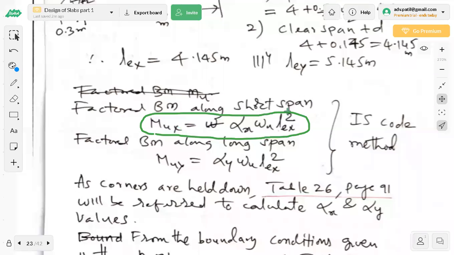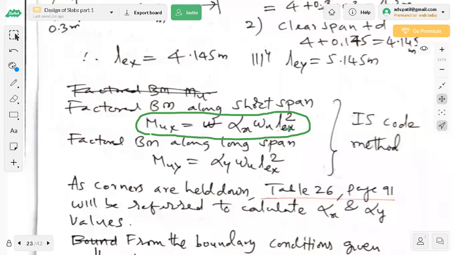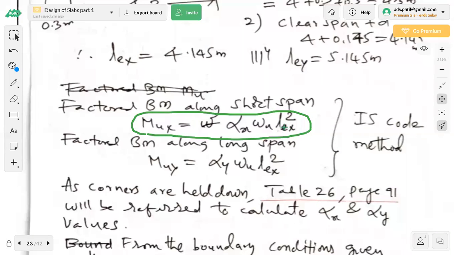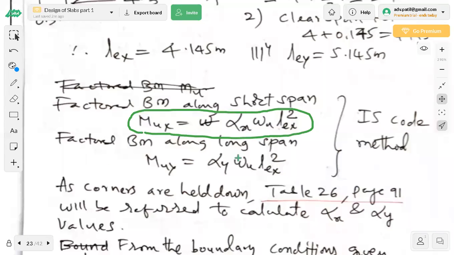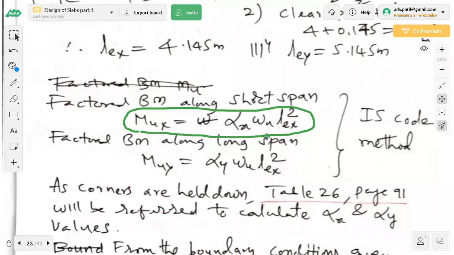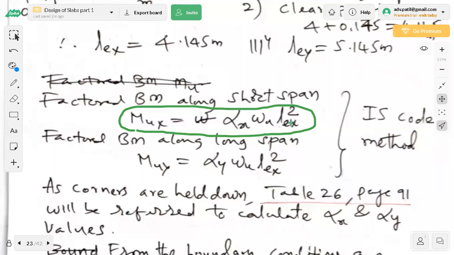Factored bending moment along the short span, that is MUX, is alpha X into WU LX square. That is effective span square. Factored bending moment along long span is alpha Y into WU LX square. Only change is alpha X and alpha Y. The remaining two terms are same. WU into LEX square. When you calculate MUX, when you calculate MUY, this term remains same.